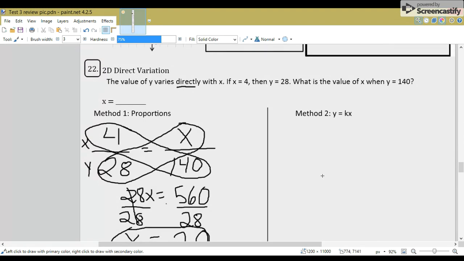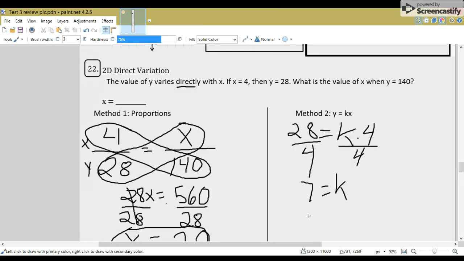Here's method 2. Y equals kx. So we're going to plug this in to find k. So 28 equals k times 4. Divide each term by 4. So 7 equals k.